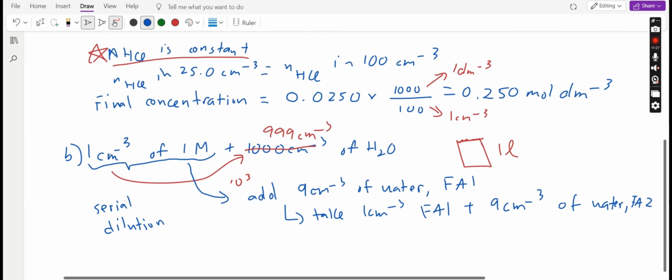And then from here, you take out another 1 cm cube of Fa2, and then you add another 9 cm cube of water, and this becomes your Fa3.